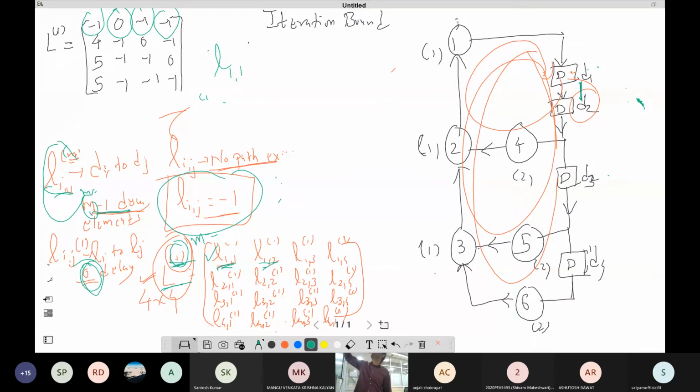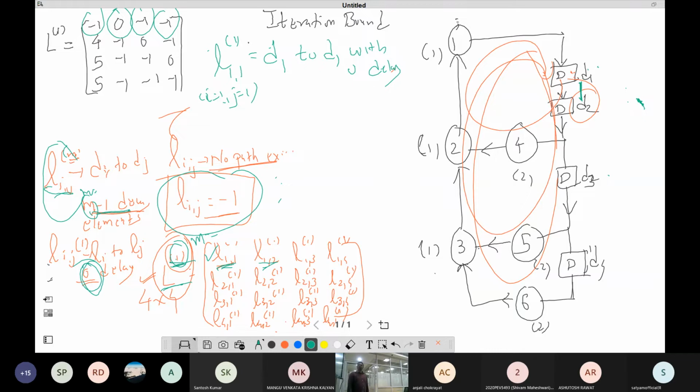So for the first element, L11, I need to start from D1 to go to D1, because i is equal to 1 and j is equal to 1. So I need to start with D1 and go to D1 with 0 delay.